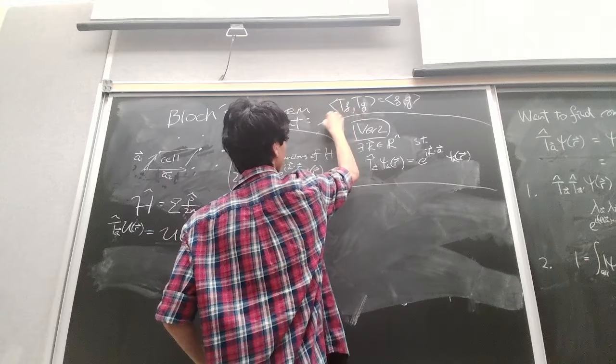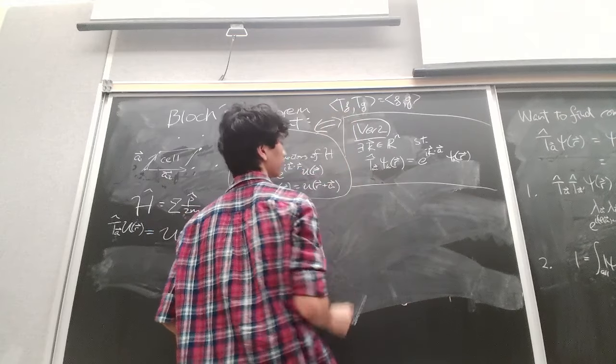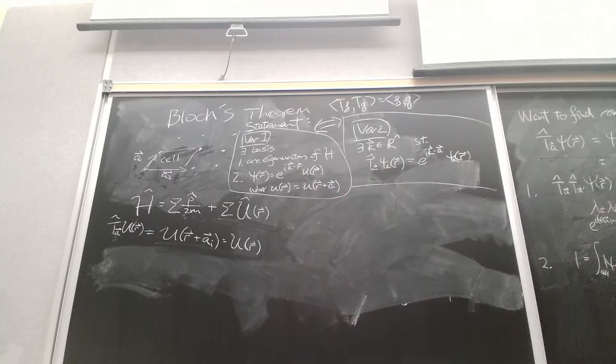That's what we realized. We proved version 2, but version 2 turns out to be equivalent to version 1. So the eigenvalues of applying t of a on this basis of wave functions should be a complex exponential, and I can always write it as e to the i k dot a.